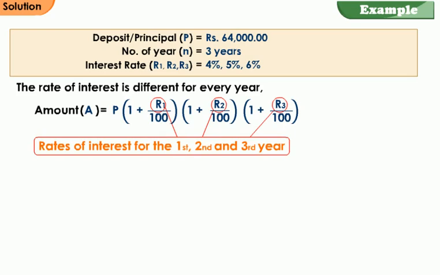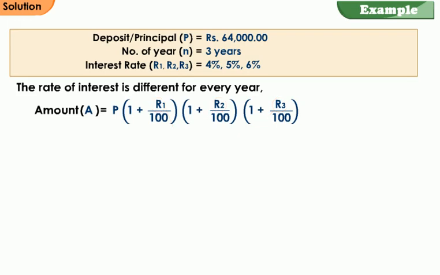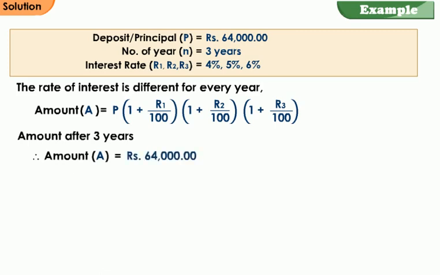Therefore, we write amount equals rupees 64,000 into 1 plus 4 divided by 100 into 1 plus 5 divided by 100 into 1 plus 6 divided by 100.